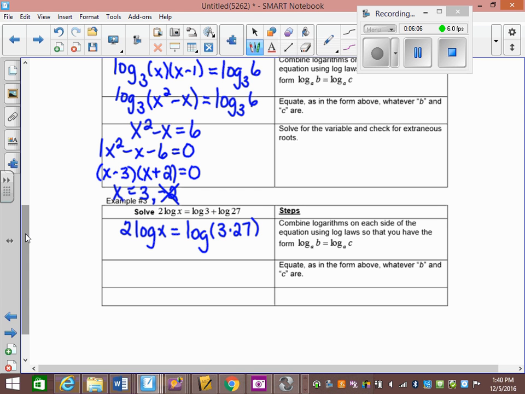Is that true? No, because it has to be log base 10, this. Is it the same? Is there a 2 in front of this one? No. So I have to bring the 2 up here first. After bringing the 2 up, now I can say that x squared must equal 81, right?